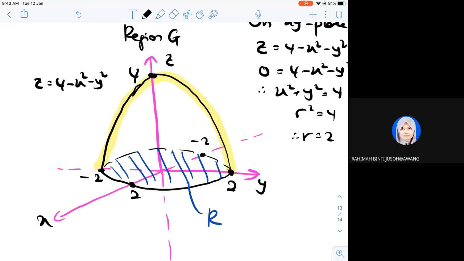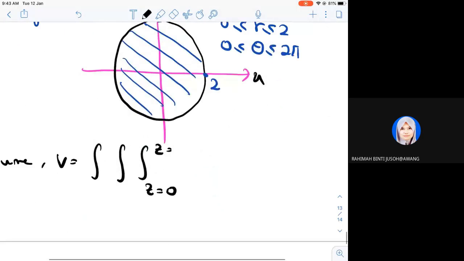Okay, ini dalam X dengan Y. Kalau tukar kepada cylindrical coordinates, Z equals to 4 minus R squared. Be careful dalam final exam, dia bukan jadi 4 saja, dia jadi equation tu, sebab dia the whole roof, bumbung paraboloid tu. So the limit here is 4 minus R squared.